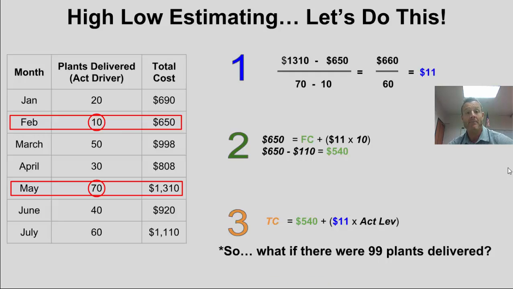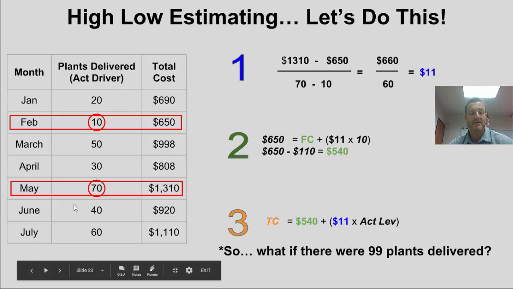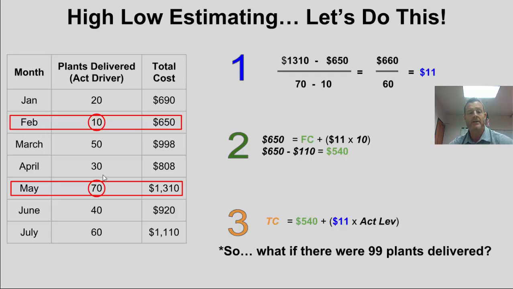Now, let's say we had 99 plants that we delivered. So we take that 99 number and we look at that formula. However, when we look at that formula, what we need to keep in mind is that we used a set of data over here that ranged from 10 on the low end to 70 on the high end.